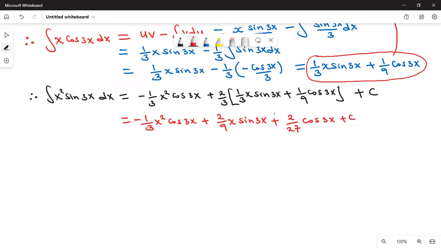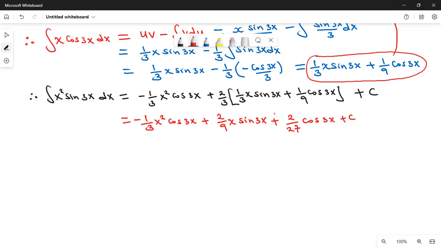So that's what we have as our final answer. You see here we have used integration by parts twice. So that's very important. I told you at times you may be using it twice or even 3 times, etc.